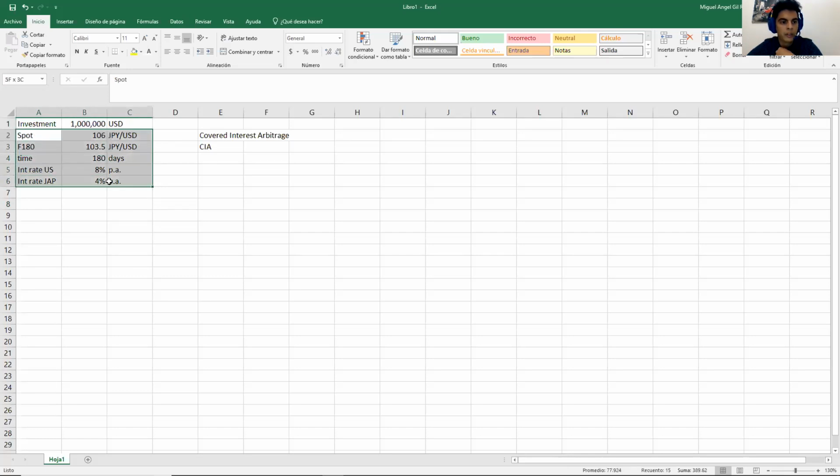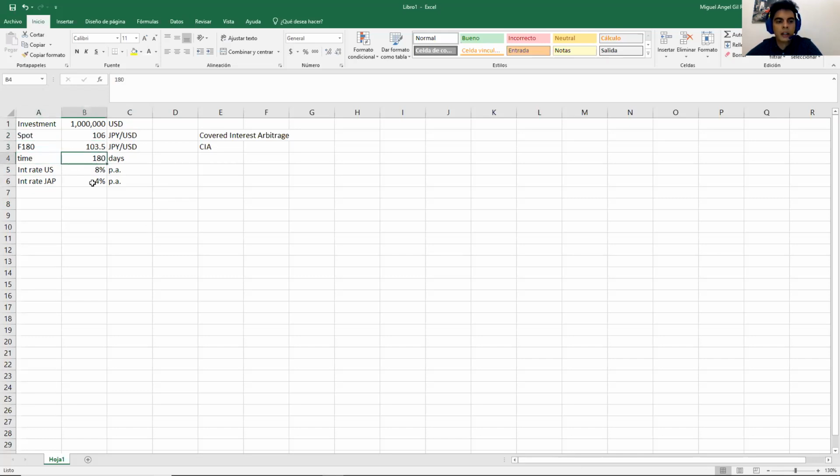The spot rate at day 0, so today, is 106. In 6 months, the forward price is 103.5. That means that someone is willing to buy or sell yens or dollars at this price, 103.5.